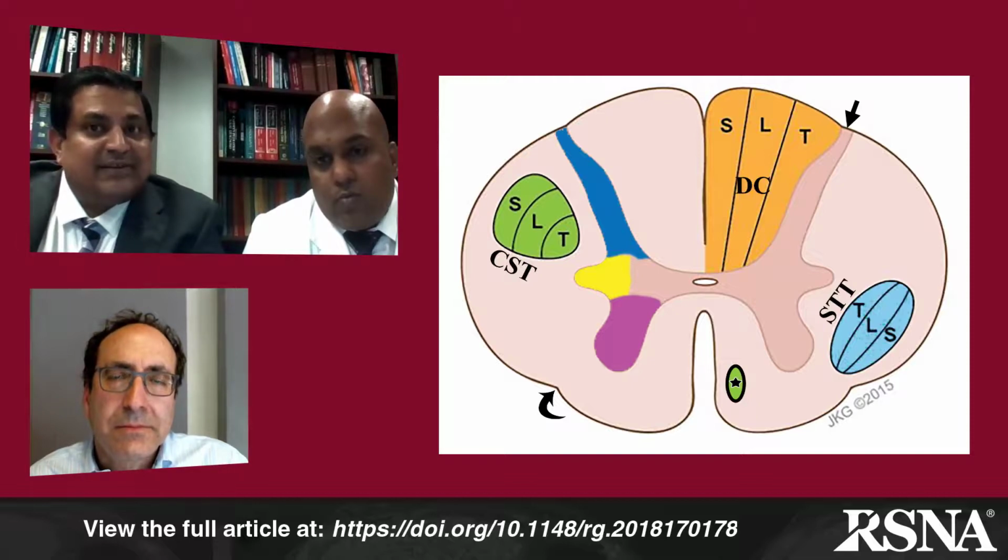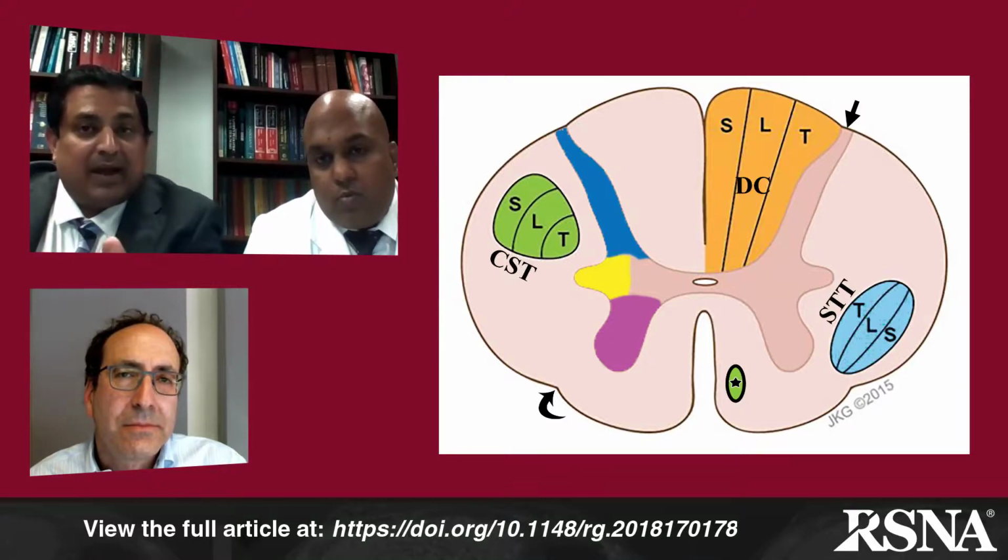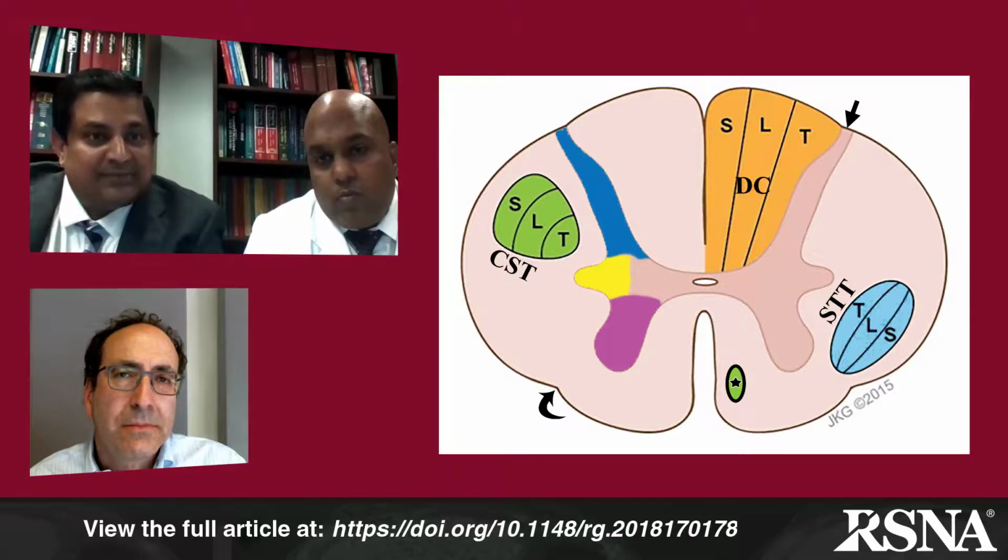The orientation of this image is the traditional textbook anatomic description of spinal cord anatomy, depicting dorsal columns on the top and the anterior ventral horns below. In real-life imaging of the spinal cord, dorsal columns are seen along the posterior aspect of the cord, while ventral horns are seen in the anterior cord.